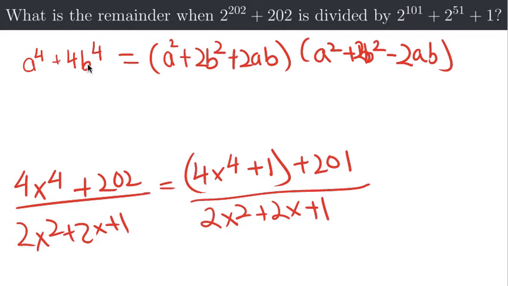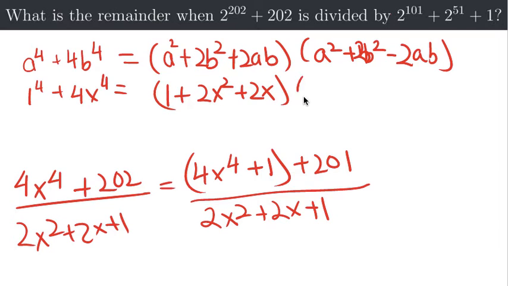Now, plugging in b as x and a as 1, we get 1 to the power of 4 plus 4x to the power of 4, as 1 plus 2x squared plus 2x, times 1 plus 2x squared minus 2x.